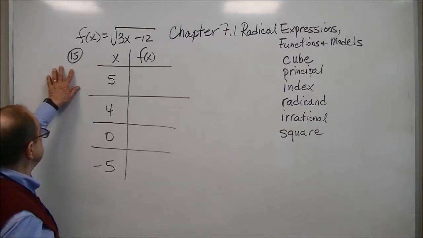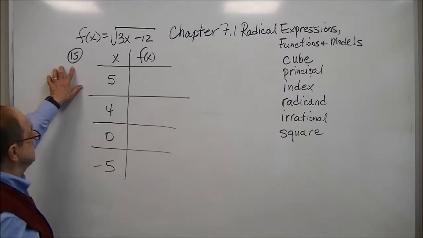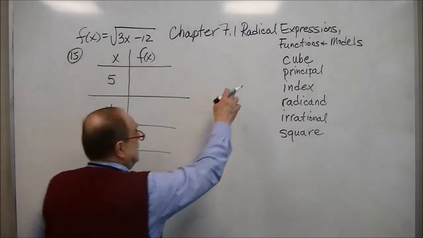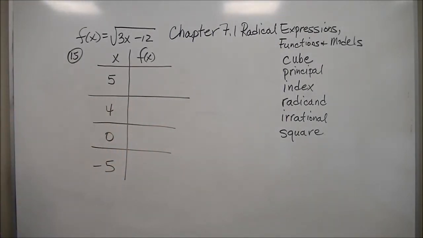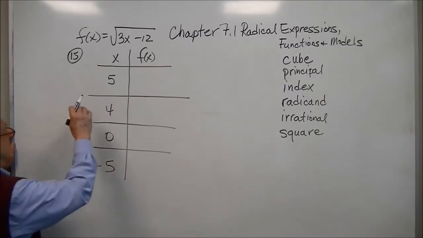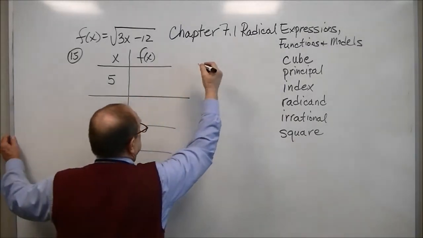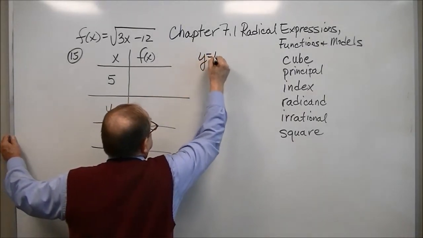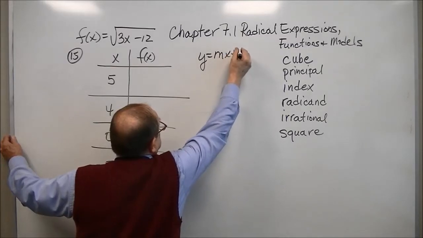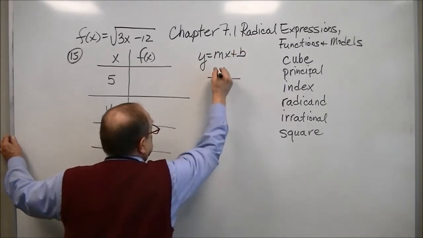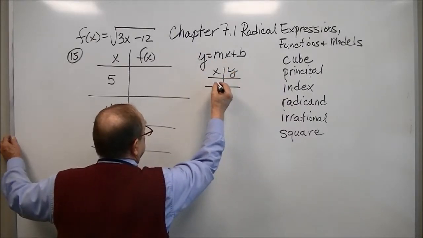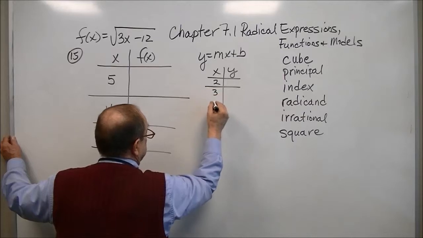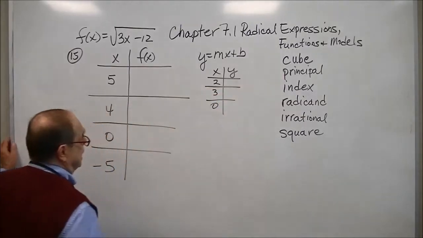But now as we get into example 15, we're moving into functions. And again, what I want to present here is a strategy for doing it. So back in earlier chapters, y equals mx plus b, and we were doing little t-charts where we had a value for x, like 2, and this would be 3, and this would be 0, or whatever.